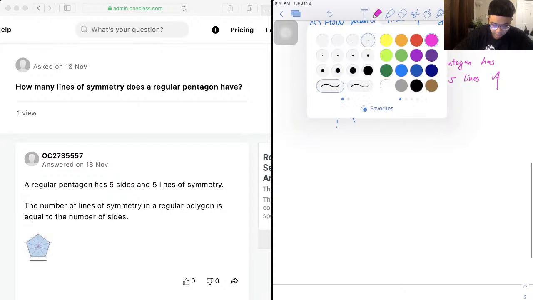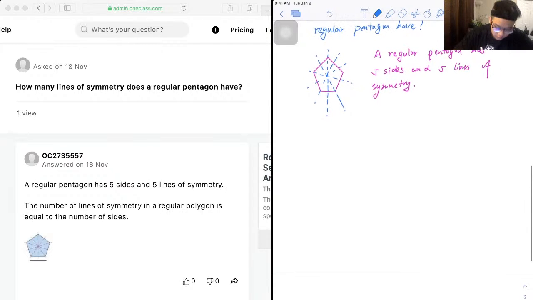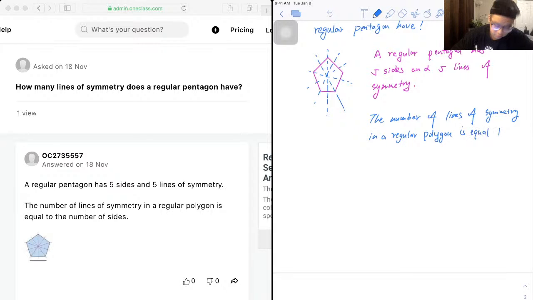And also remember the number of lines of symmetry in a regular polygon is equal to the number of sides.